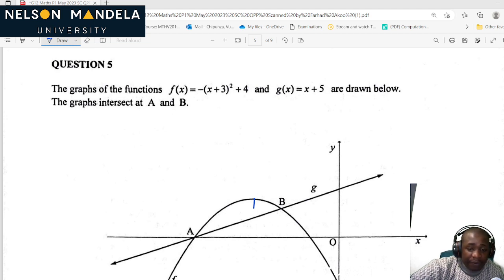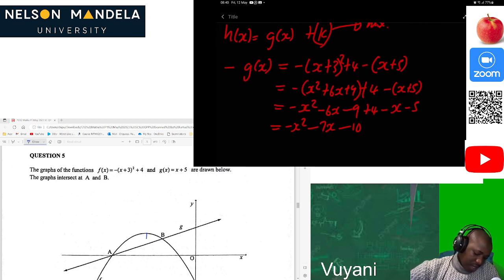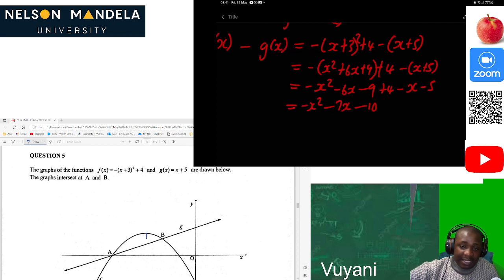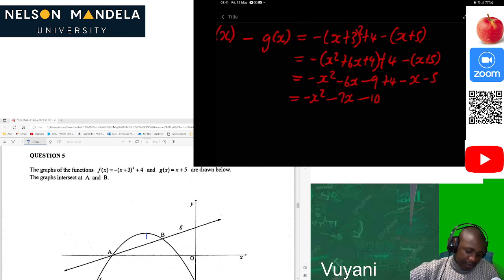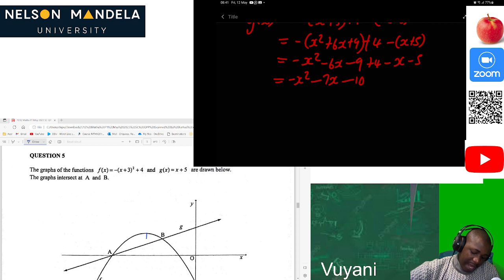Oh, I'm sorry, I forgot to do this. So this is how we do f of x minus g of x, so that we can find the maximum distance between f and g. Then we subtracted the two functions. This is f of x, this is g of x. Then we subtracted both of them, and after that, we are here.